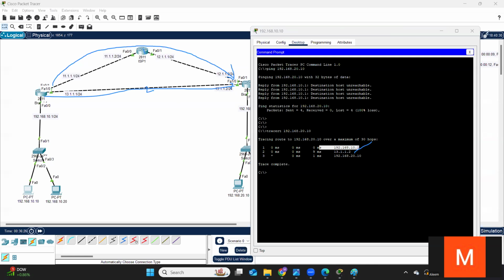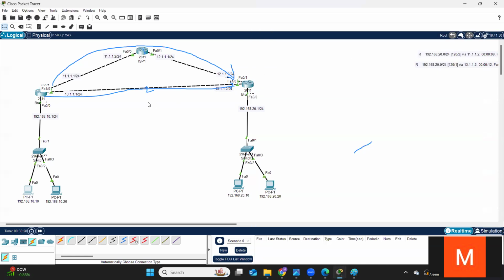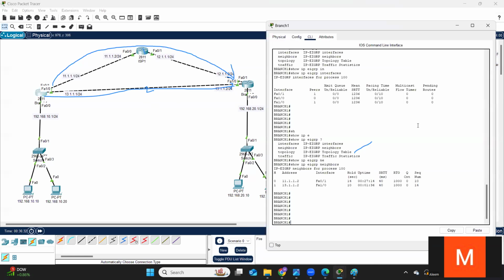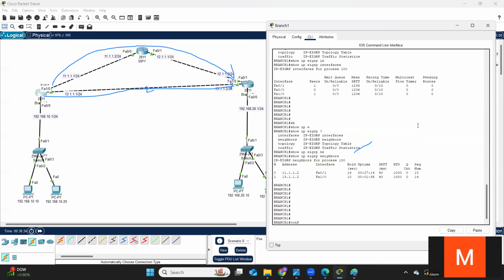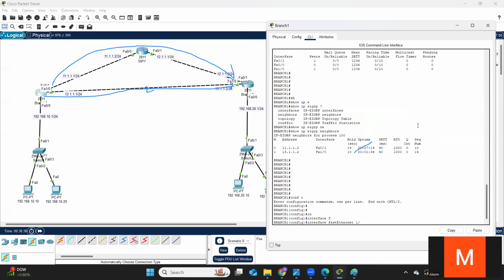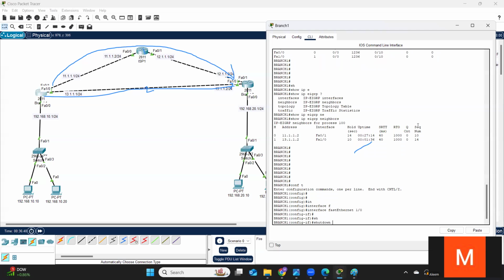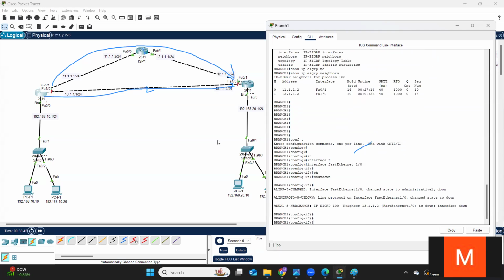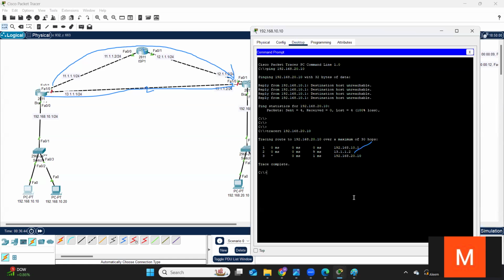If the best path goes down, then we have an alternate path. So to bring this path down: config t, interface FastEthernet 1/0, shutdown. So we have an alternate path. You can trace it again, same thing.